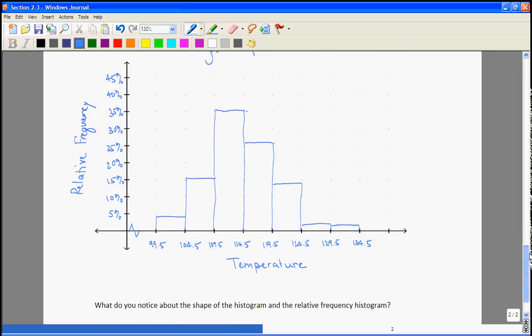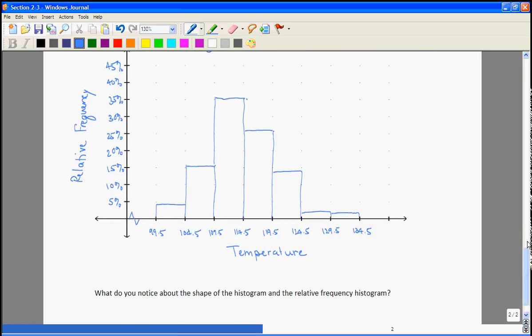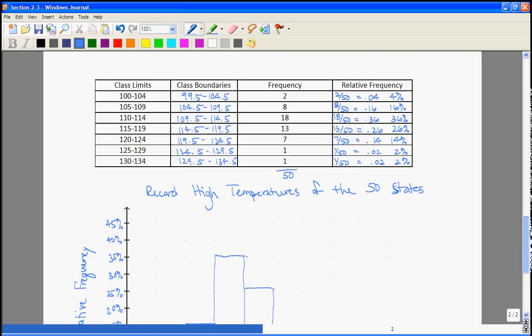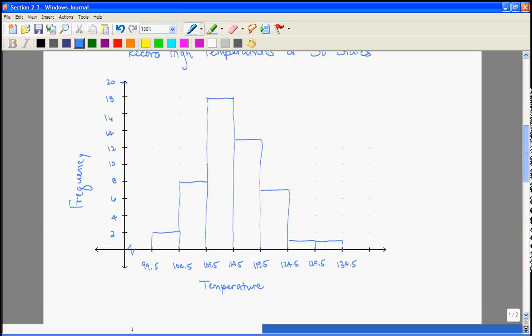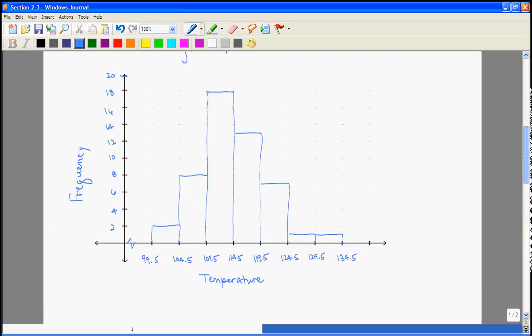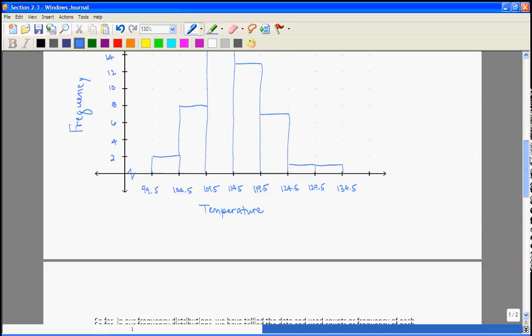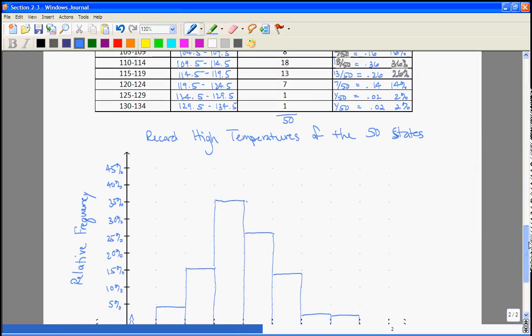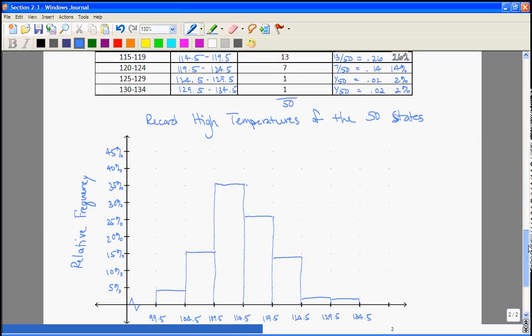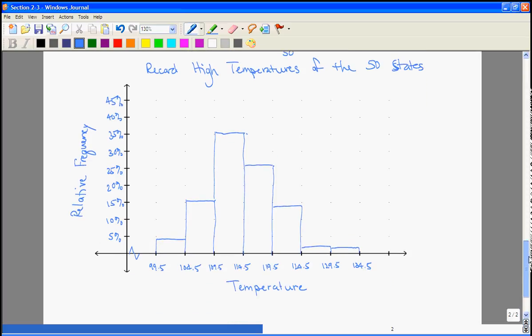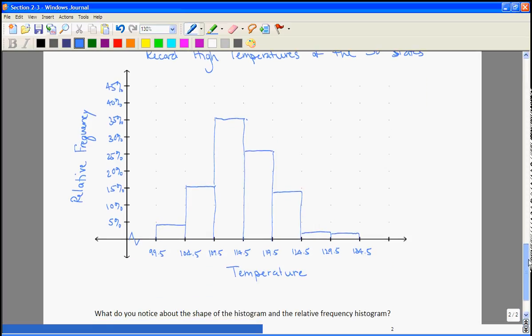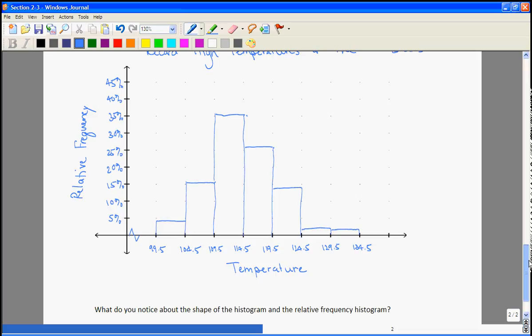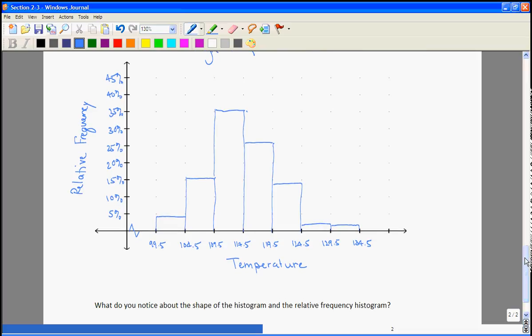But do you notice anything between the shape of the regular histogram we did previously and the relative frequency histogram? What I hope you notice is they pretty much have the same shape. And if they were scaled the same, they would be exactly the same shape. So even though a relative frequency histogram is based on percentages, it will have the same shape as the histogram based on just the regular frequencies.